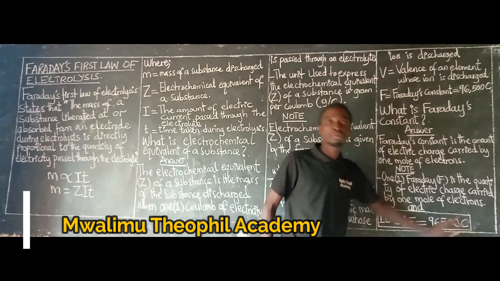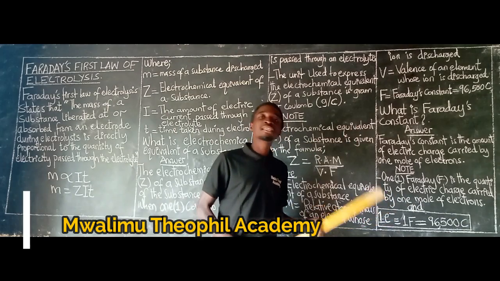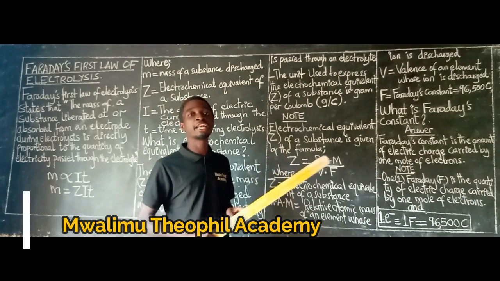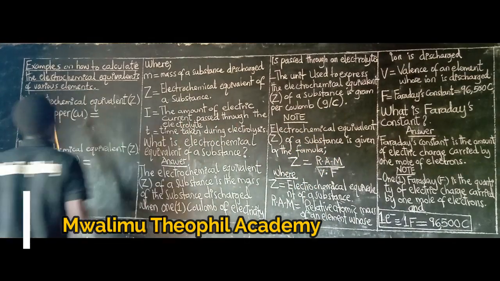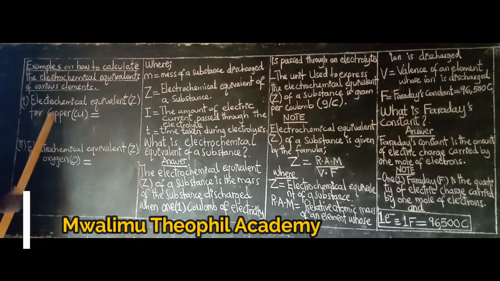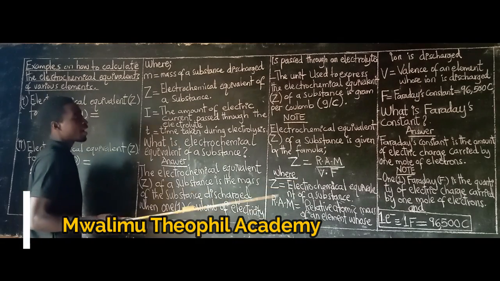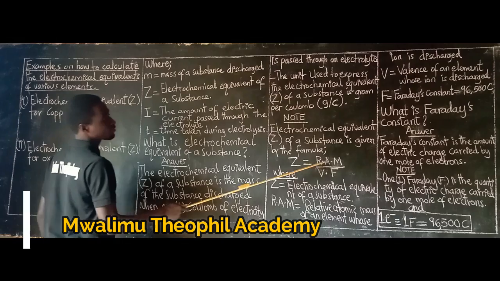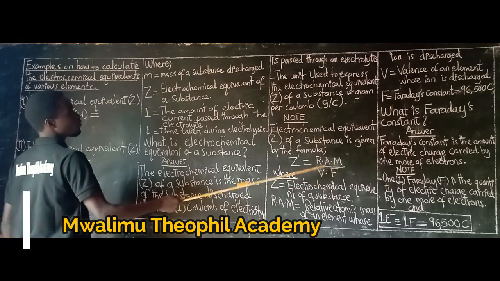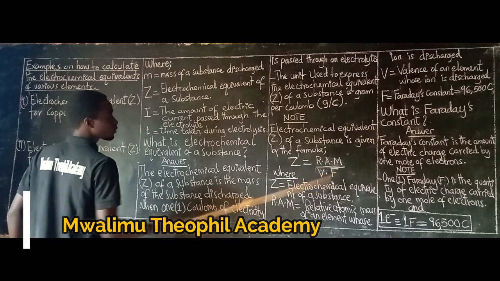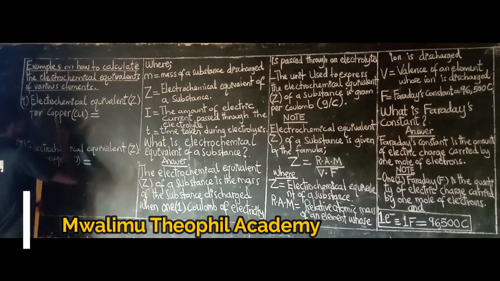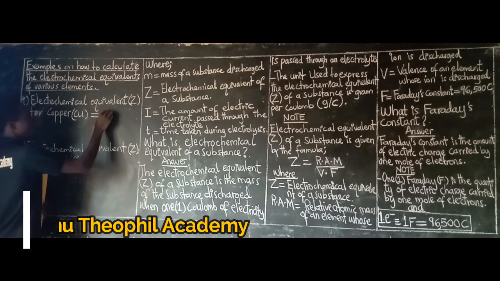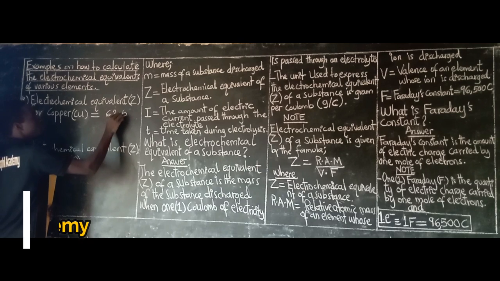96,500 coulombs. So, after this, let us see the way we can calculate the electrochemical equivalents of various elements. Here, we are required to calculate the electrochemical equivalent of copper. As we have said, the electrochemical equivalent is equal to the relative atomic mass of the element over the product of valence and Faraday's constant. For copper, the relative atomic mass of 1 mole of copper is 63.5 grams.